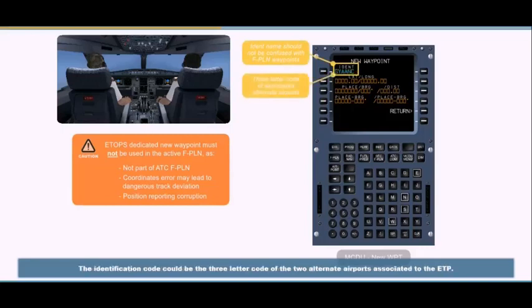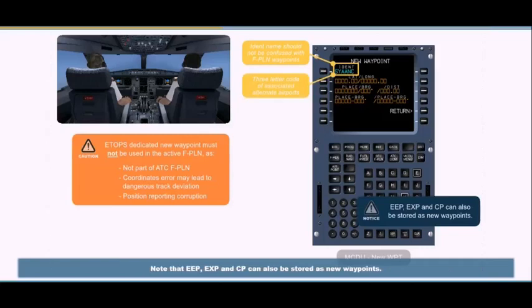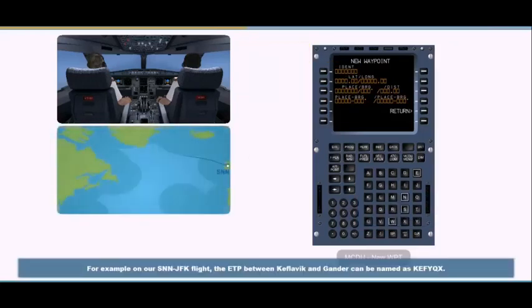The identification code could be the three-letter code of the two alternate airports associated to the ETP. Note that EEP, EXP and CP can also be stored as new waypoints. For example, on our Shannon New York flight, the ETP between Keflavik and Gander can be named as Kilo Echo Foxtrot Yankee Quebec X-Ray.